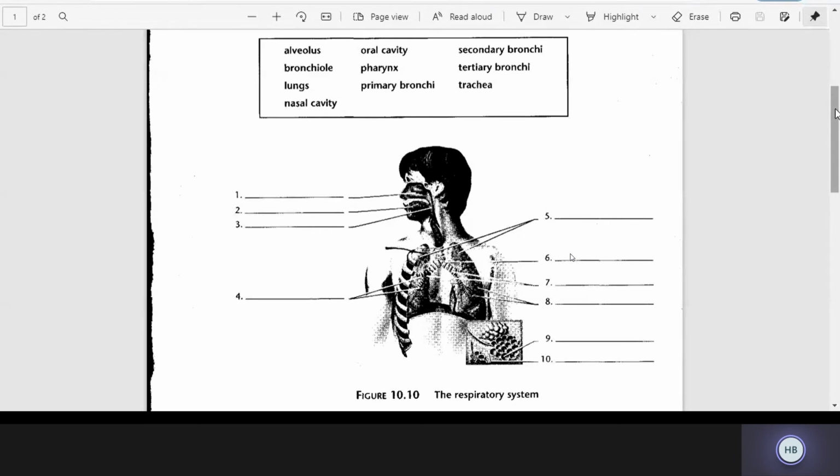They continue branching into smaller branches, which are called tertiary bronchi, right? And then we have bronchioles. At the end of each bronchiole we have alveolus or alveoli, right? Okay, thank you so much.